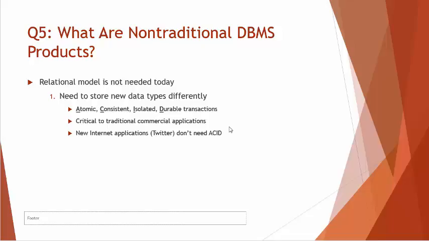So a transaction might be you registered for a class. Well, when you register for a class, you're taking up a seat. So when you take up a seat, the number of seats available should be reduced by 1. Until both of those items are updated, that's not considered a complete transaction. So atomic means either the entire transaction is completed or it's not.